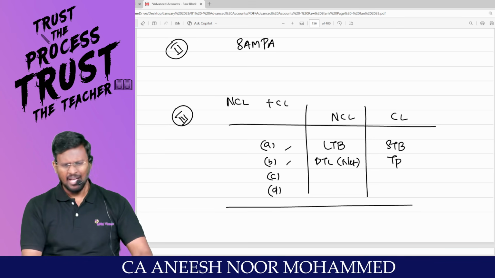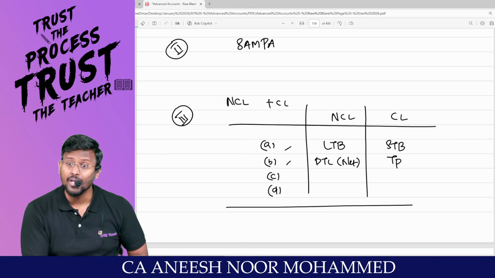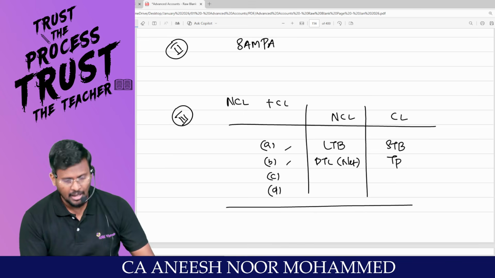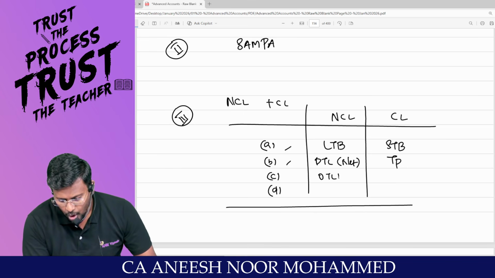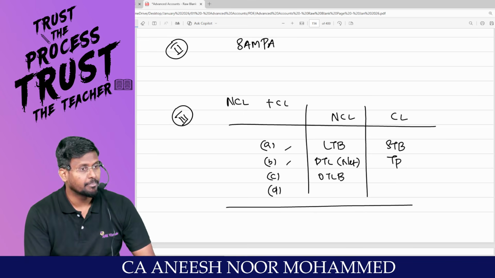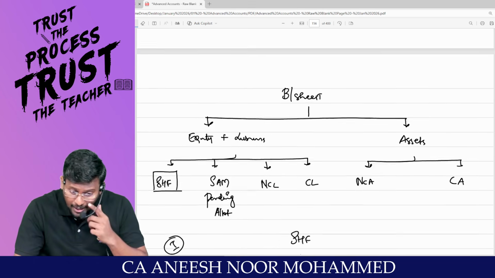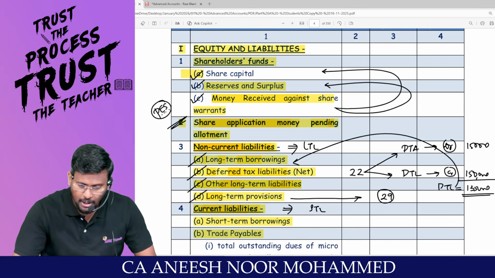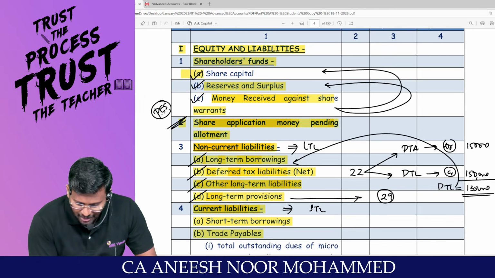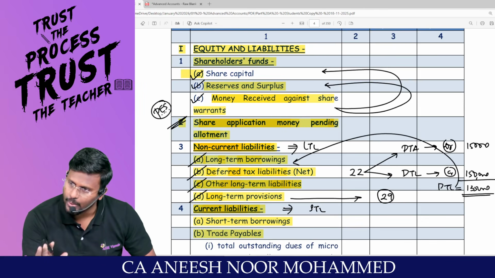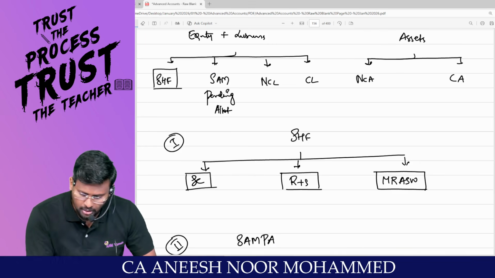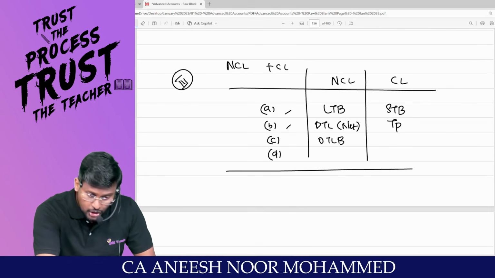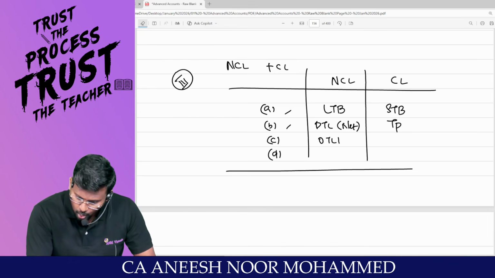Right, sir? I want to close the long-term borrowing section. What will I do? Other long-term liabilities. You started with the long-term borrowings, but I'm not writing other long-term borrowings. I'm writing other long-term liabilities, which includes borrowings and liabilities.